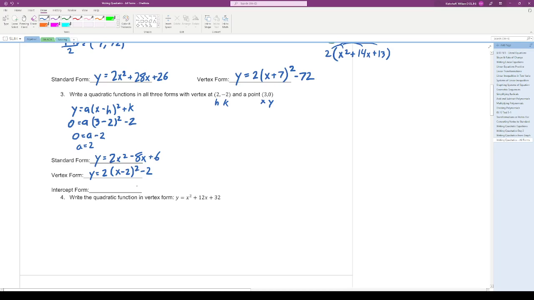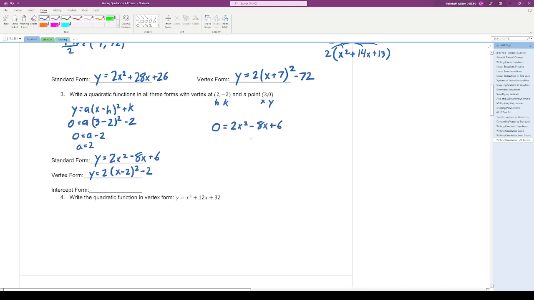Now to get to intercept form, we want to try to factor the standard form. So since we're trying to find the intercepts, we set y equal to 0, equals 2x squared minus 8x plus 6.